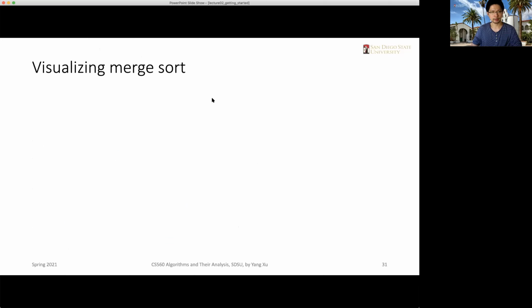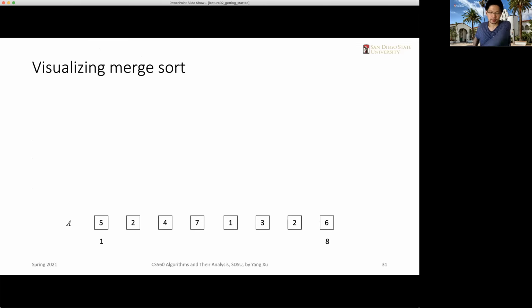So let's go ahead and look at how merge sort runs. We look at an input that has 8 numbers in scrambled order, and the numbers 1 and 8 here are the indices, the first element and the 8th element.